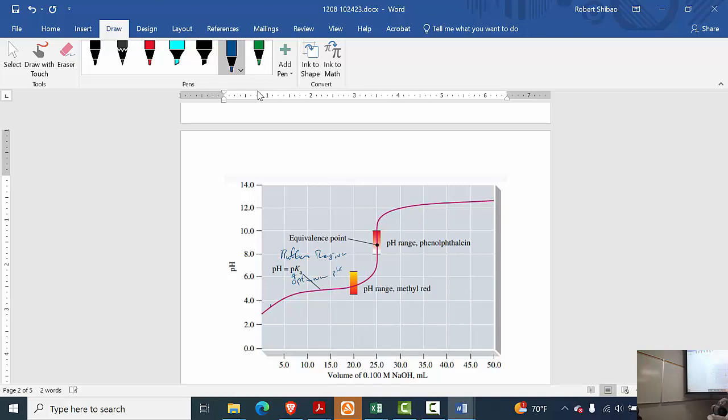And then the range would be from pKa minus 1 to pKa plus 1. In between these two limits, this is called the buffer range. And so optimum pH, buffer range.